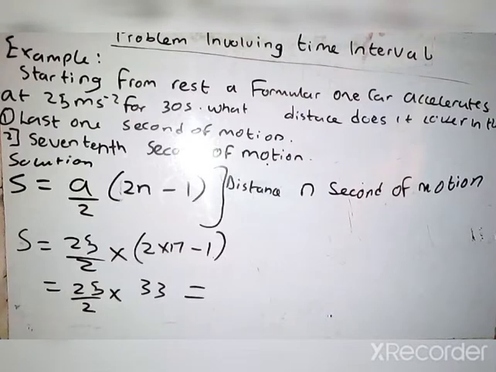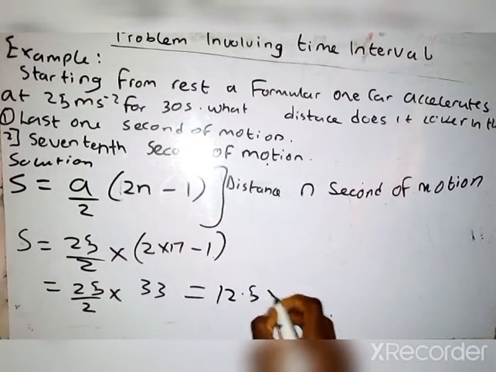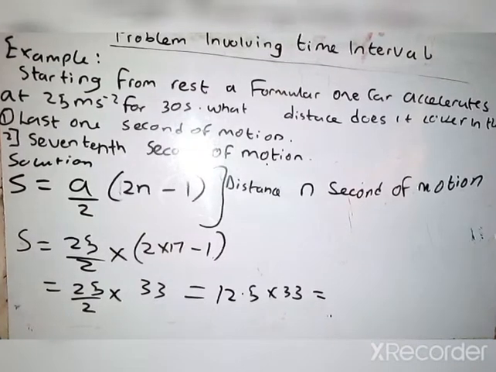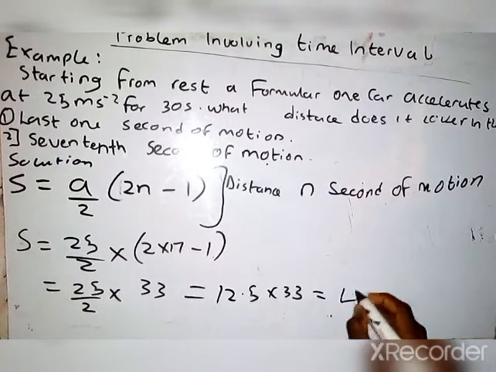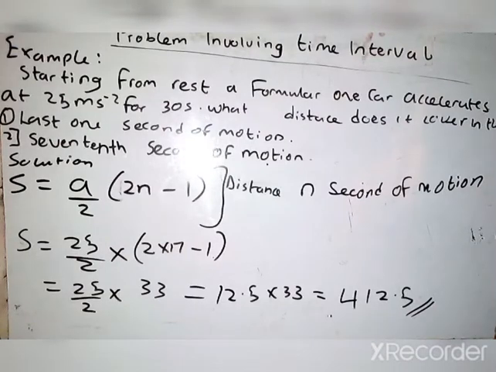So 25 divided by 2 is 12.5 times 33, and you now have 412.5. This is what we got for the first one also. So that is just it.